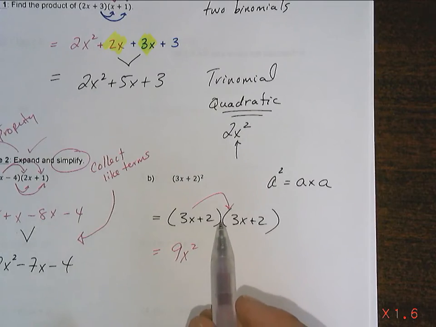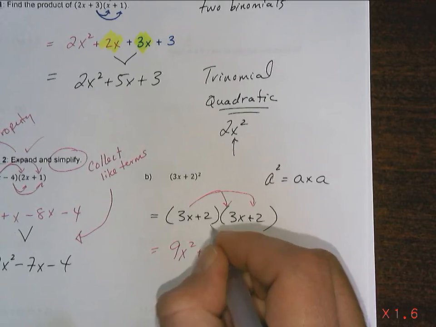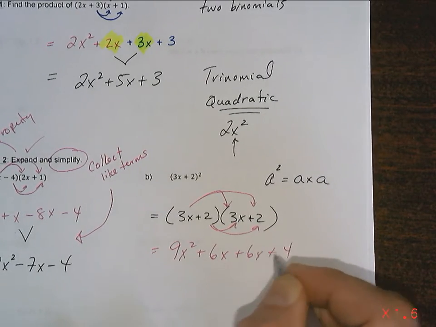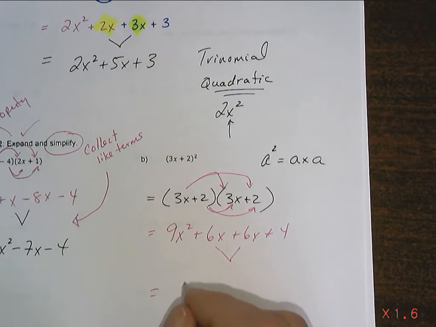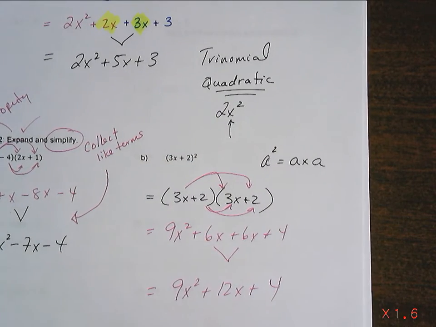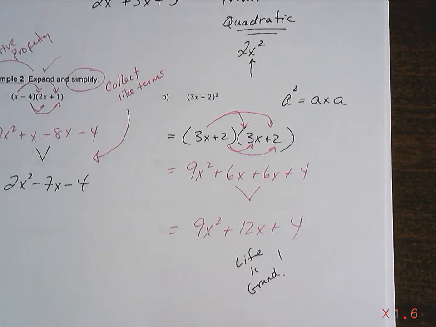Don't you dare tell me it's 6x squared. 3x times 2 is 6x. 2 times 3x is 6x. 2 times 2 is 4. That's the expanding part. Now you have to do the simplifying part. 9x squared plus 12x plus 4. Life is grand. This is awesome. This is simple. This is clean. This is quick. This is 3 marks.